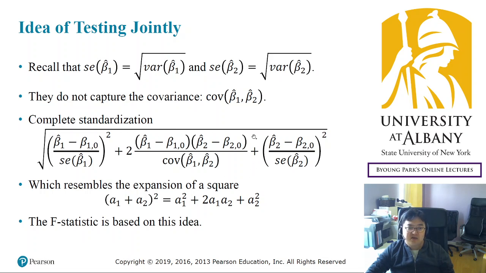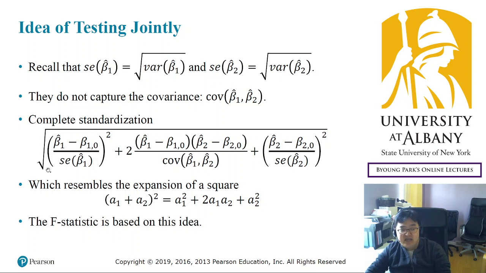The cross term is included, divided by the covariance, and 2 is multiplied. Intuition behind it is like thinking about the expansion of a square. So (a1 plus a2) squared is a1 squared plus a2 squared plus 2 times the cross product. We are doing the same thing: t1 squared, t2 squared, and their cross product, but the denominator uses covariance.